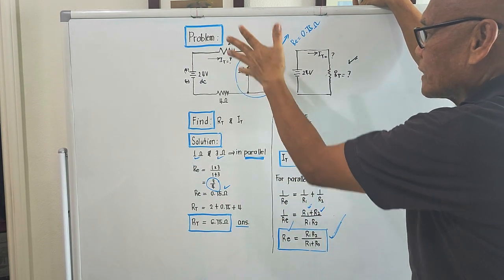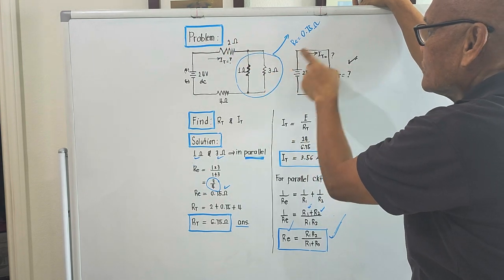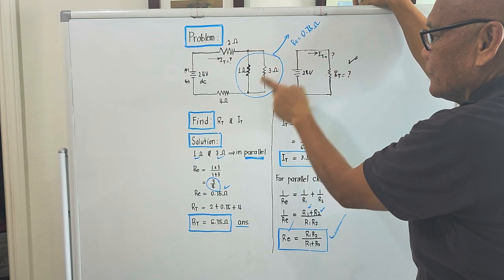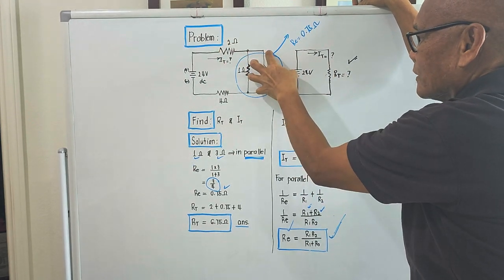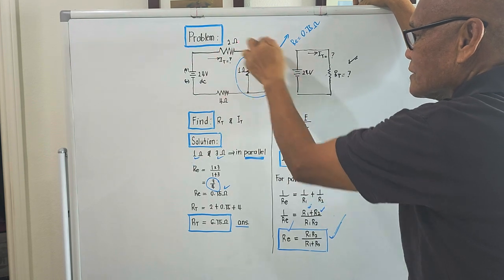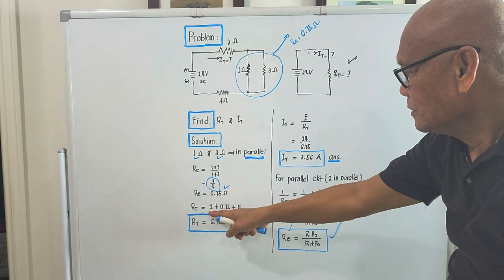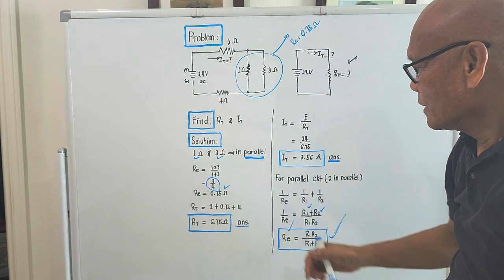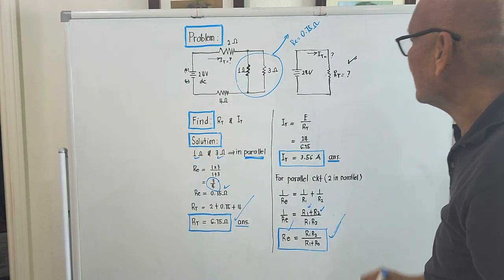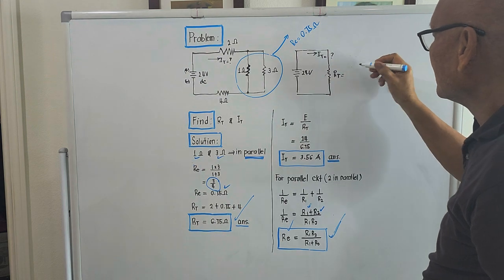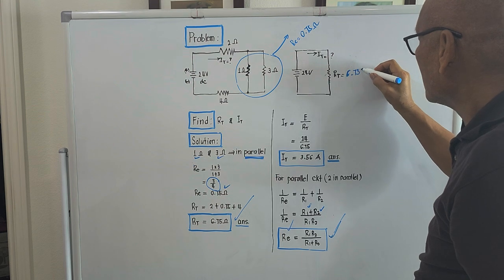So the total resistance now will be 2 plus the single equivalent of this, which is 0.75, plus this 4 ohm here, because this 2 ohm, the single equivalent, and this 4 ohm here are now in series. Okay, so the total resistance now will be 2 plus 0.75 plus 4, and the total resistance of the circuit is 6.75 ohms. So this value here is equal to 6.75 ohm.